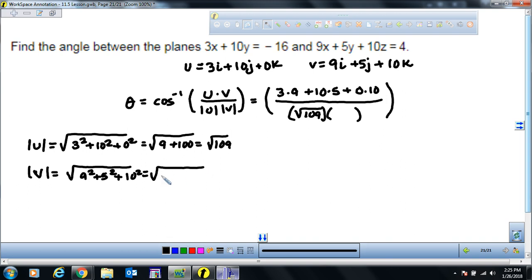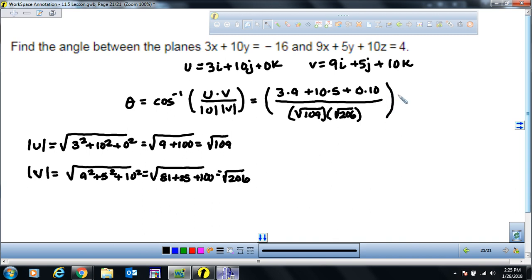That would be the square root of 81 plus 25 plus 100, which is 206. So the square root of 206.